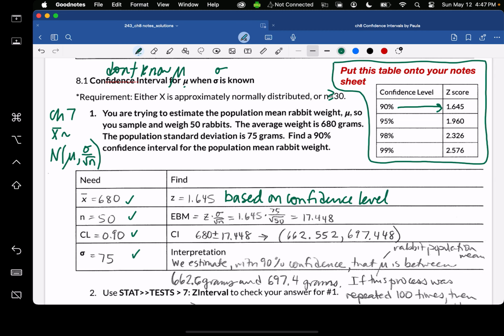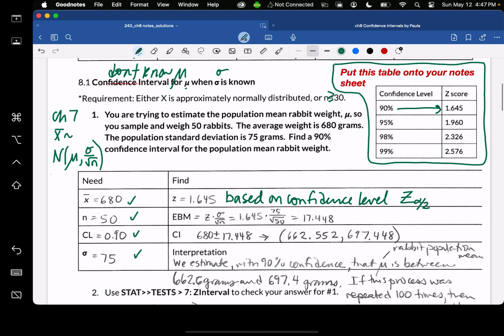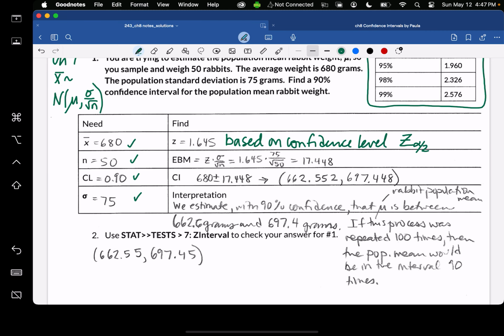So the z-score is based on the confidence level, and I will refer to that z-score as z alpha over 2 sometimes. And again, that will make sense after we look at those slides. The next thing is, what is the EBM? Well, the formula I gave you above said that EBM is equal to z times sigma over root n. So there's your z, 1.645, times sigma, 75, divided by root 50. So that's what we're working out.